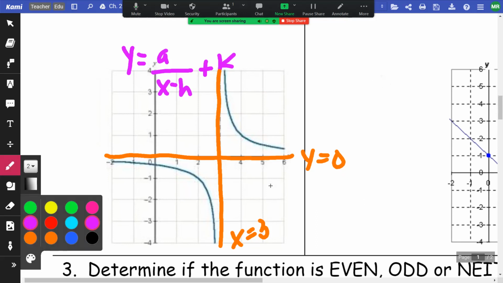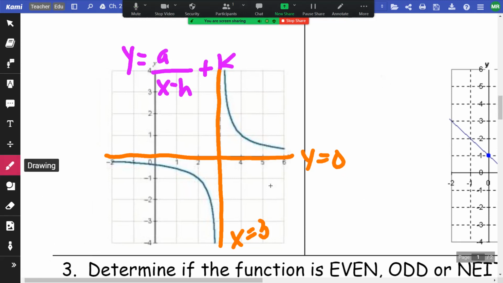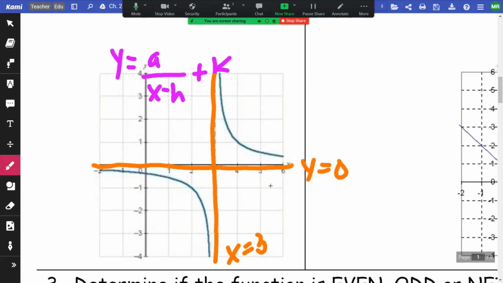So far, my equation is going to be y equals, and on the bottom, because of moving to the right 3, this is going to be x minus 3. And then I'd have a plus 0, but I don't need the plus 0. And then they said, if they don't give you any point, assume that your a is 1.